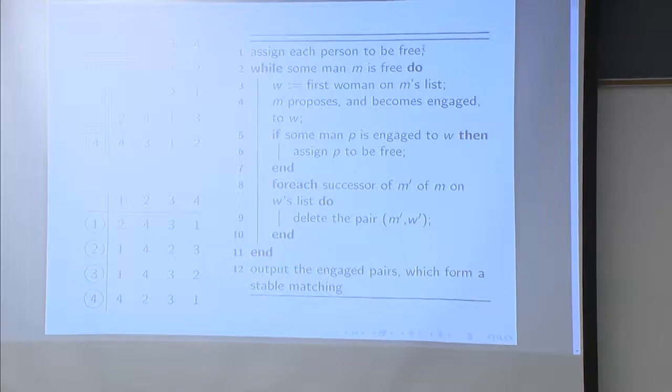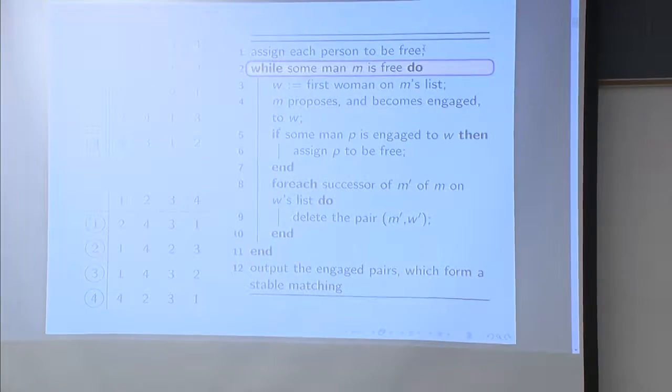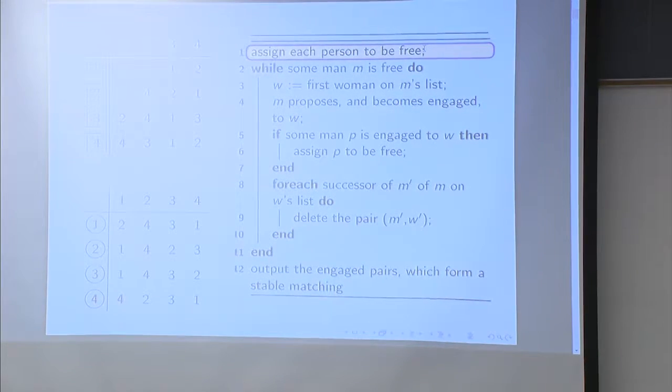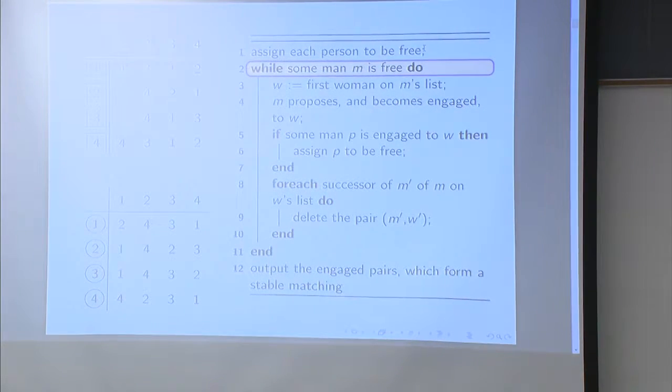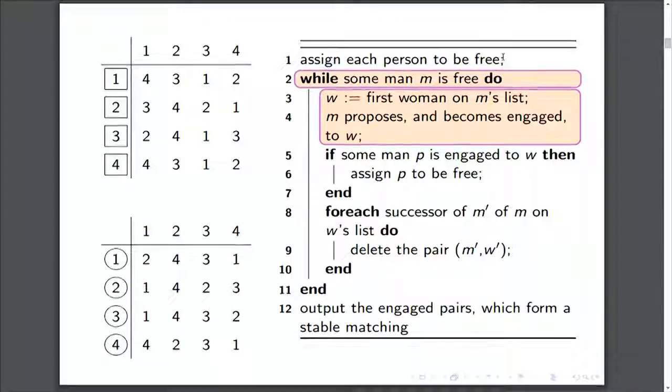So, start off, assign each person to be free. Then we go into our while loop. The first step of our while loop is W, with a funny looking symbol, that goes to the first woman on the man's list.